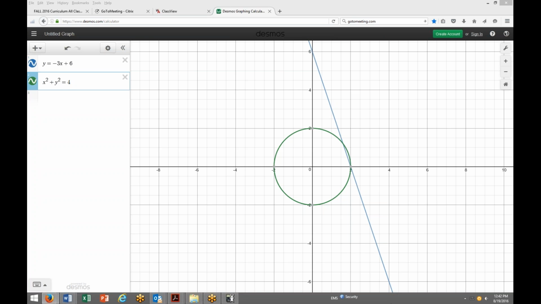To find x and y intercepts, all you do is set the other variable equal to 0 and solve for the one that you're trying to find. What I mean is, if you're trying to find the x-intercept for y equals negative 3x plus 6, this top equation, well, let's start with the x-intercept. If you're trying to find the x-intercept, then you set y equal to 0.